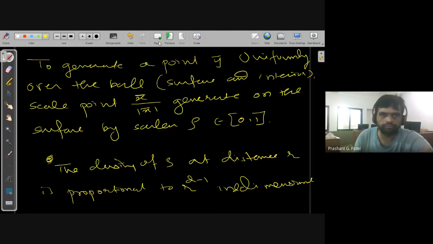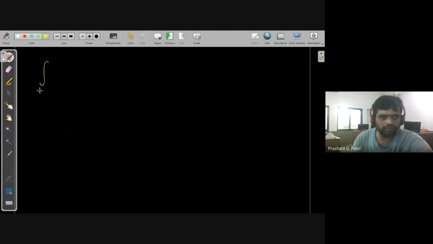Solving now, what is the density? That is the integration with r running from 0 to 1 of c into r raised to d minus 1 dr is equal to 1.